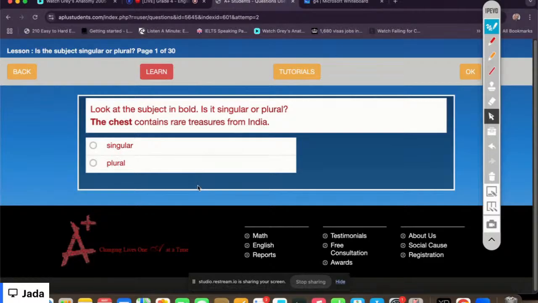Okay, so look at the subject in bold. Is it singular or plural? The chest contains rare treasures from India. So is it singular or plural? You can tell me.